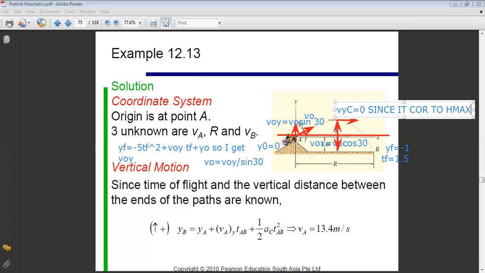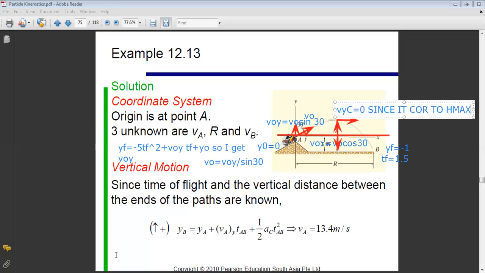Now, how to calculate H max in one step? I don't want 2 steps, 1 step. I know V initial, V0y is known, and Vy final at C is known, and I want to find displacement. So I can use a relation that is independent of time. Very good.